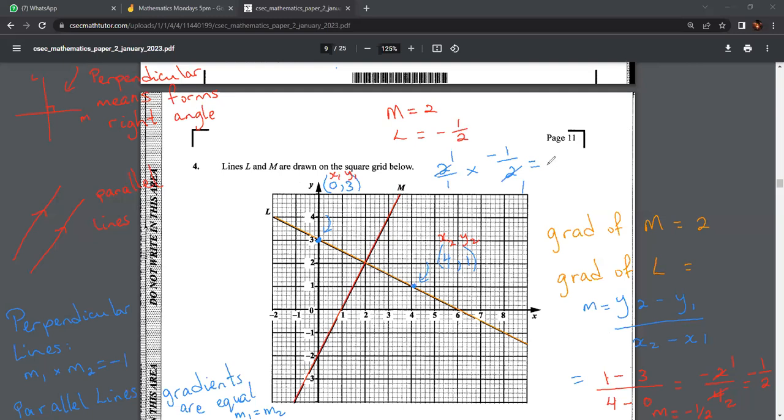So my answer will be negative 1. Doesn't that prove that my two lines are perpendicular? Because when I multiply the 2, I get negative 1, it shows that they're perpendicular. And they said by calculations, so you had to show the calculation.